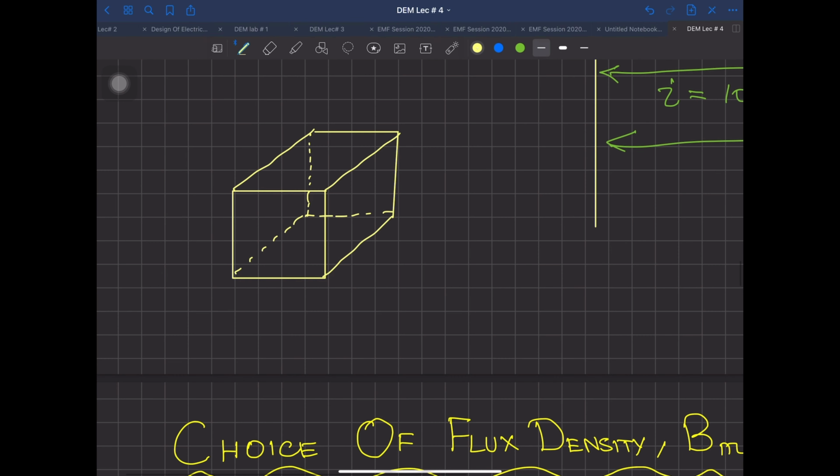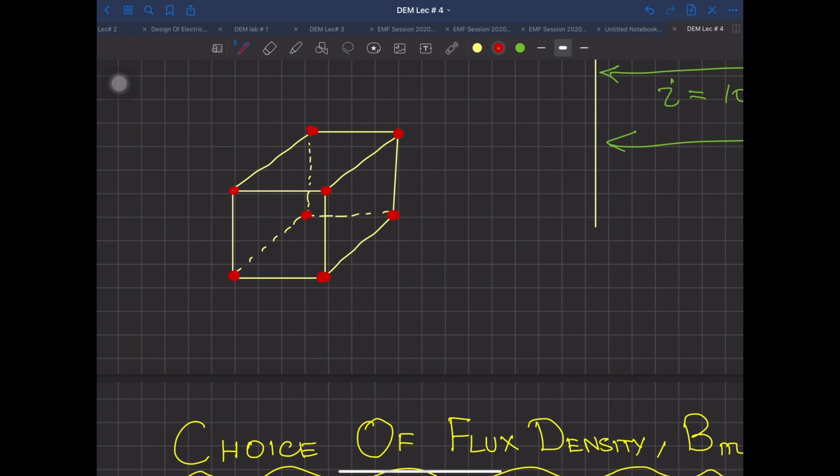I have made a small cube. What this cube will do, this is a structure for silicon embedded inside your steel, and you are going to have silicon on the edges of this cube.